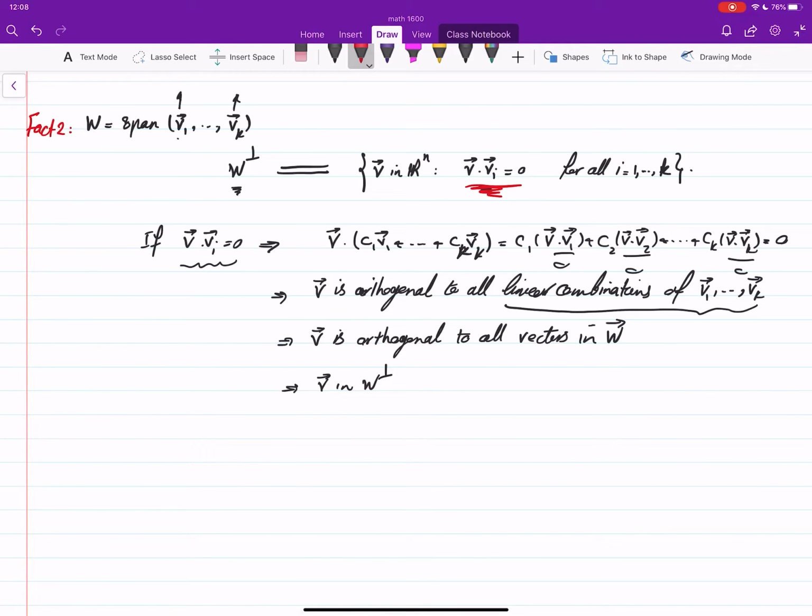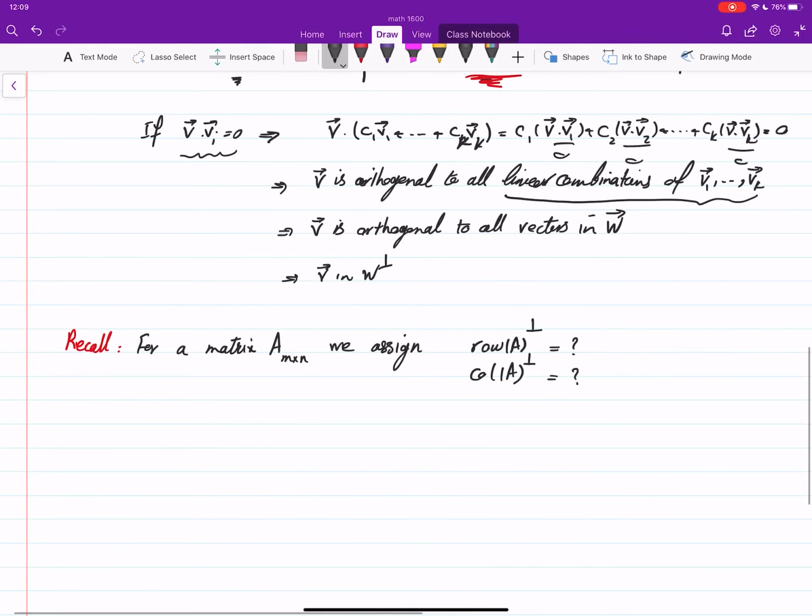Remember that for a matrix A, which is m by n, we assigned at least two subspaces, a row subspace and a column subspace. Now we want to see what are the orthogonal complements of these.